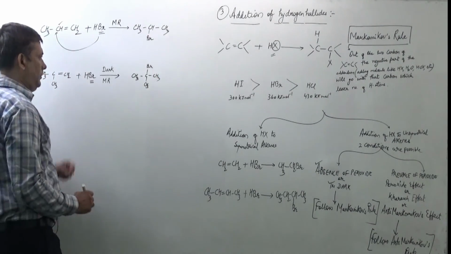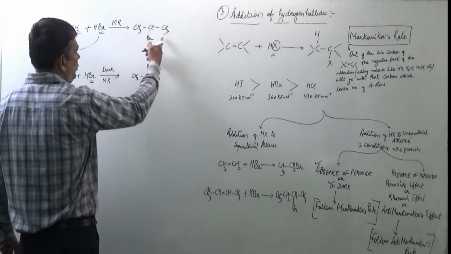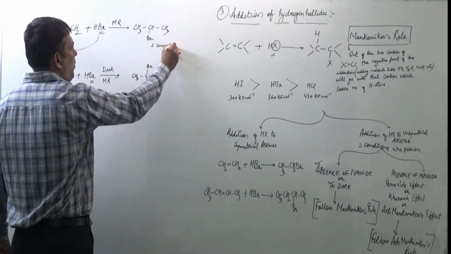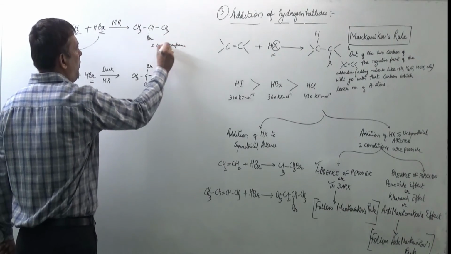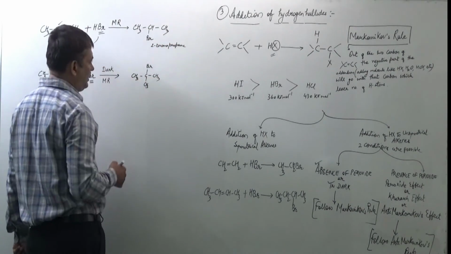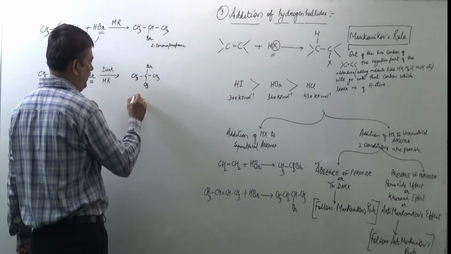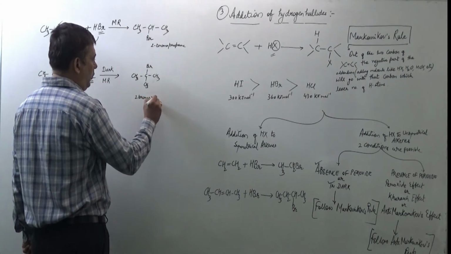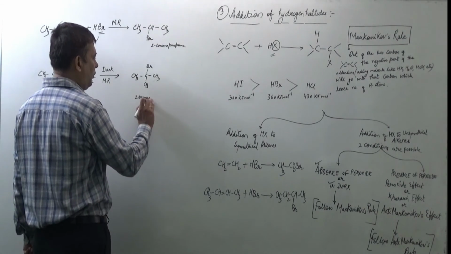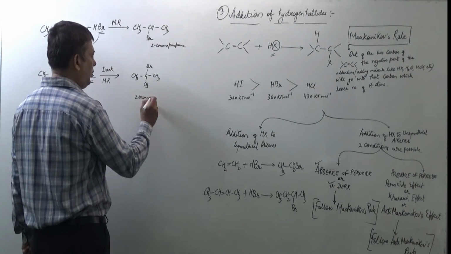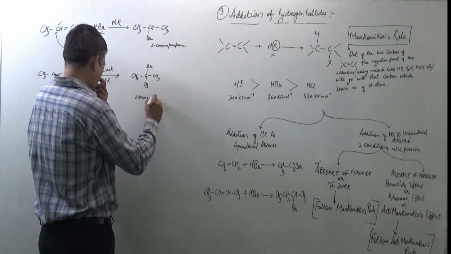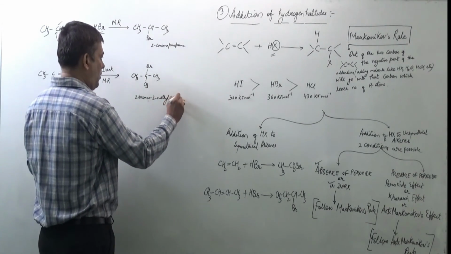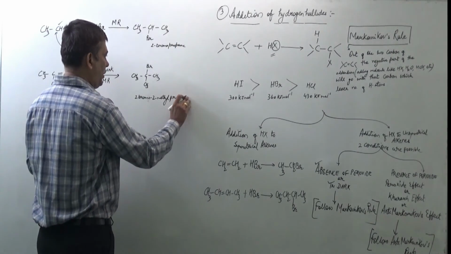This is 2-bromopropane, and this is 2-bromo-2-methylpropane. This is the product.